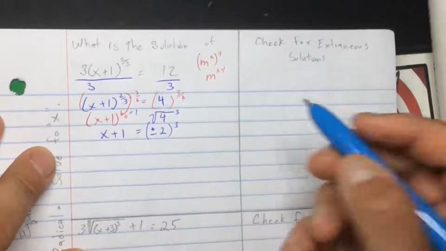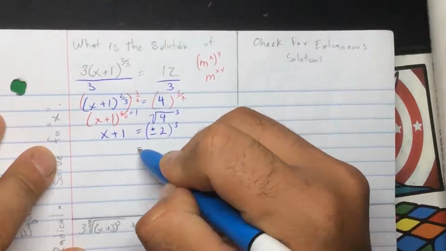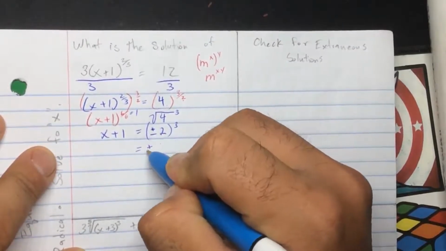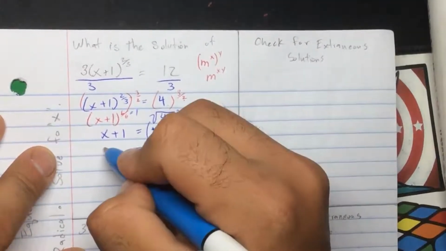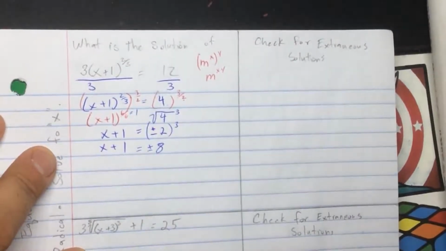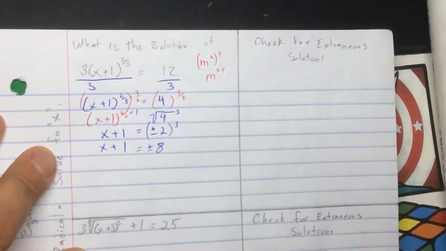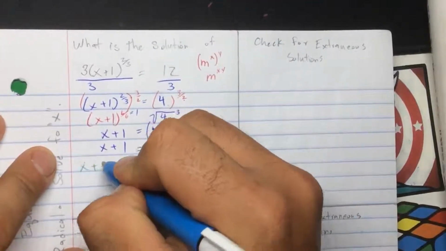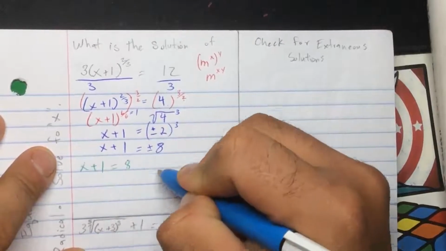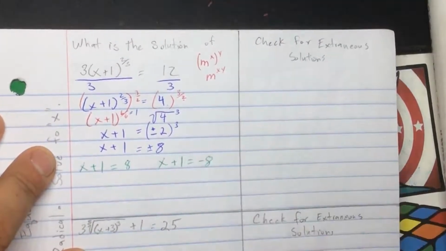So this one we both have the same thing. If we raise it to the 3rd power, it'll still be plus or minus 8. And it's still going to be x plus 1 on this one, it just drops right down. So this one we're going to have 2 different solutions: x plus 1 equal to 8 and x plus 1 equal to negative 8.